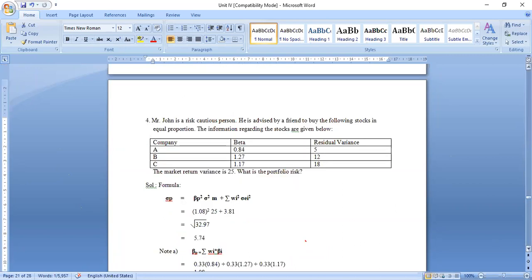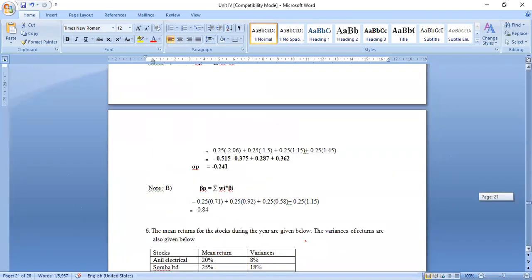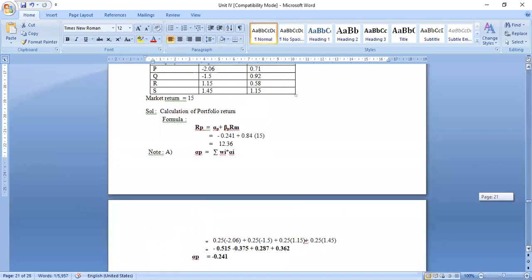So it is spread equally across all 4 stocks P, Q, R, and S. So here 0.25 into the alpha value minus 0.26 plus 0.25 into minus 1.5 plus 0.25 into 1.15 plus 0.25 into 1.45. The summation of all this will give us the value minus 0.241, because here you have two values which are comparatively higher that have a minus sign, and that is why the alpha value of individual securities is minus 0.241.